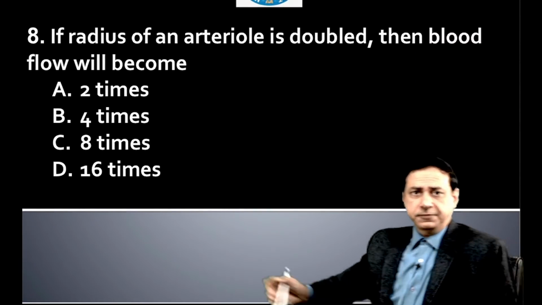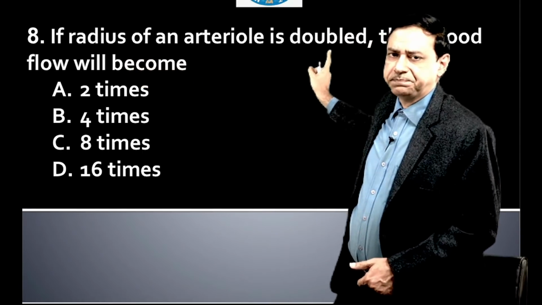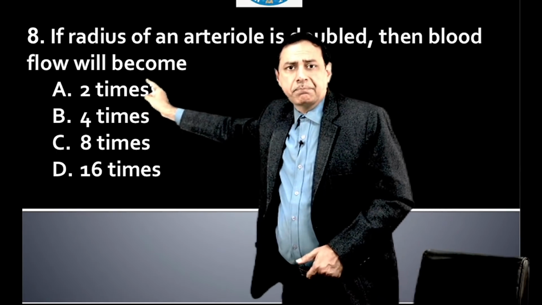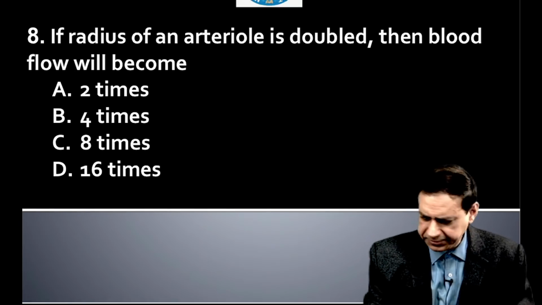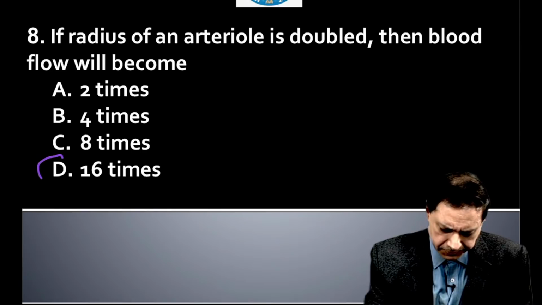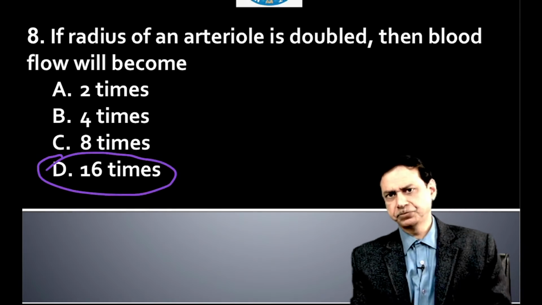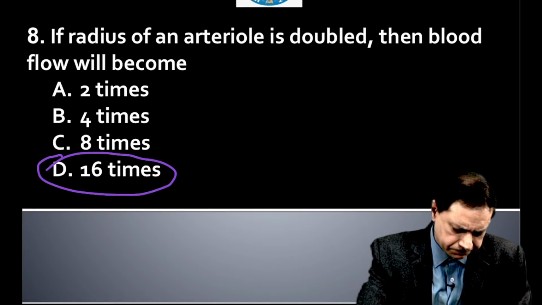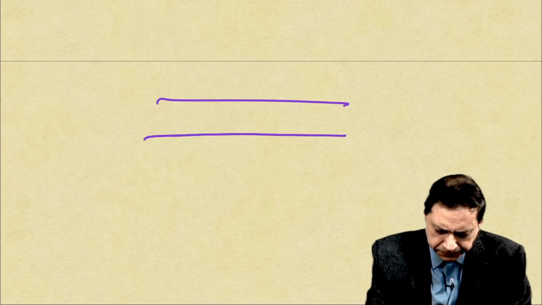See the next question. If the radius of an arteriole is doubled, blood flow will become, what's the answer? 16 times the flow. Just see, this is a pipe.